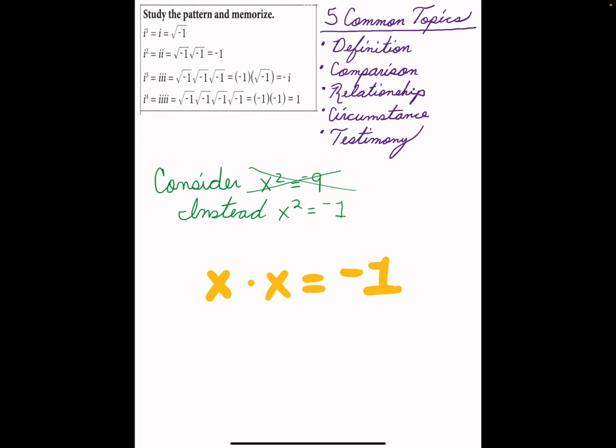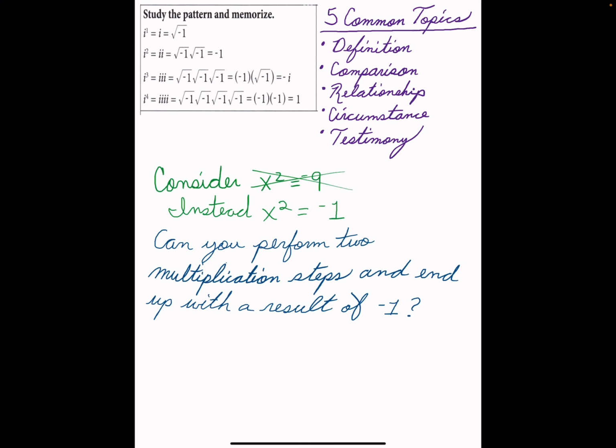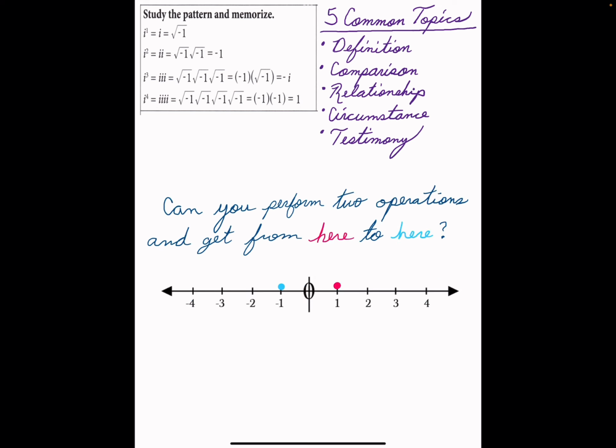Okay, so instead of considering x squared equaling negative 9, let's take the same x squared and make it equal negative 1 instead. Okay, x times x equals negative 1. How can we do that? Can you perform 2 multiplication steps and end up with a result of negative 1? Now, we could not do that to come up with negative 9.